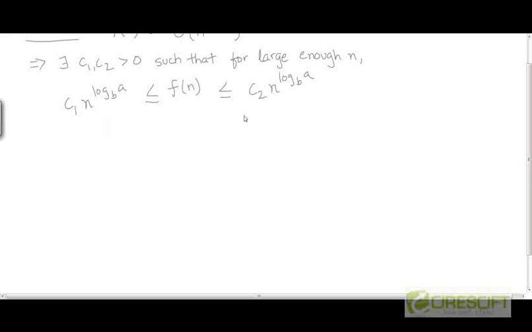So we are going to use this inequality in the expression for T of n, which, if you remember, was n to the power log of a base b times T of 1 plus the summation of i varying from 0 to h minus 1 a to the power i multiplied by f of n by b to the power i.